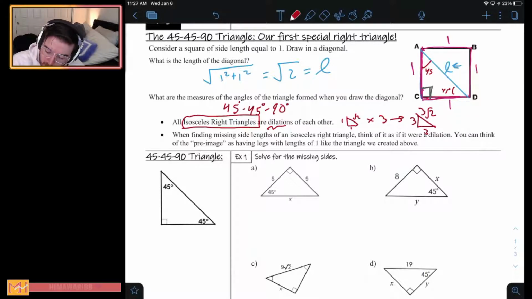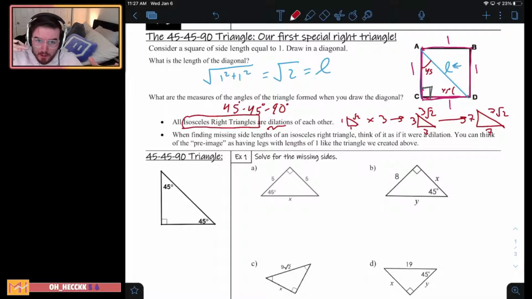Or I could blow it up even more and it becomes 7, 7, 7 root 2. But it's always following that same pattern, right? Because when you dilate, everything stays the same proportion-wise, okay? So on this triangle over here, we're going to write generically K for scale factor.